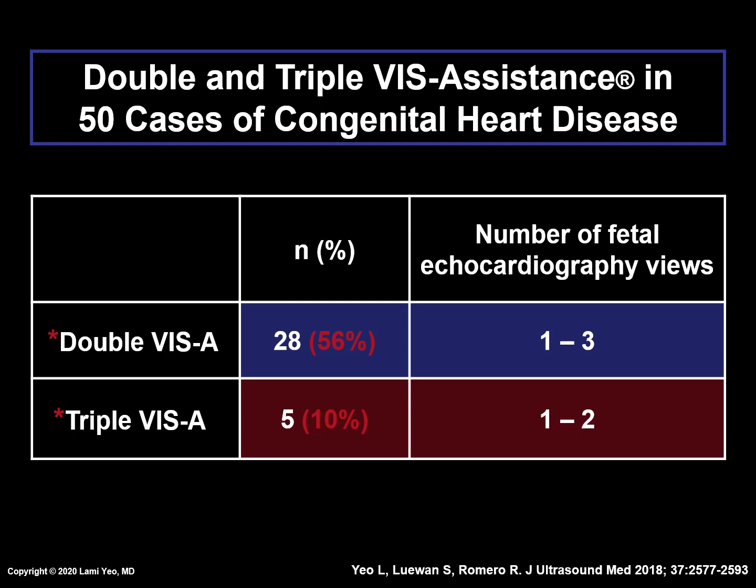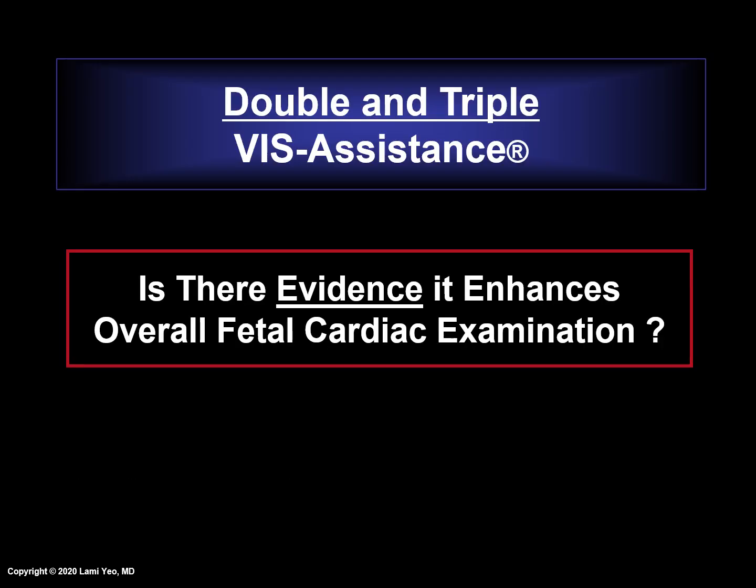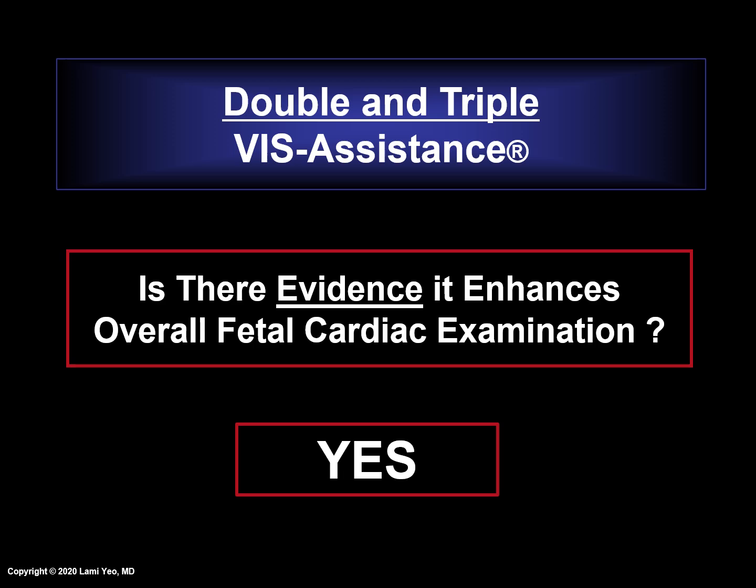Therefore, in this study, double VISA was utilized in more than half of congenital heart disease cases. Double and triple VISA are just one of the characteristics of the FIND method that are fundamental in determining whether the fetal heart is abnormal and in determining the specific cardiac diagnosis. Therefore, yes, there is empirical evidence that the double or triple VISA assistance technique can enhance the overall fetal cardiac examination, especially in cases of congenital heart disease.